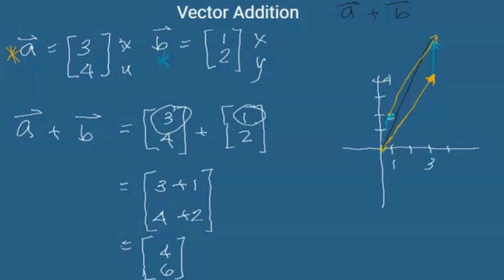Okay, something like that. So we'll still end up with the same point, the black line. So from vector B initial to the endpoint of vector A.